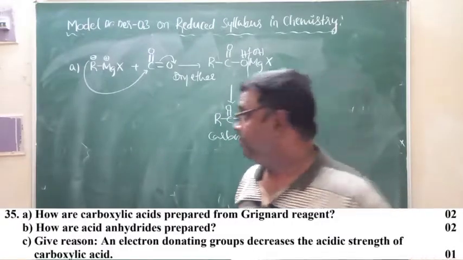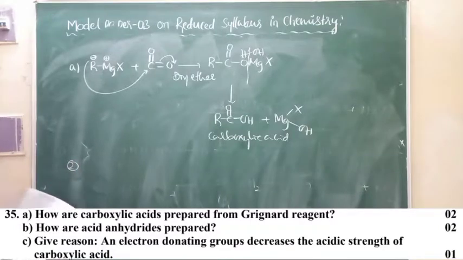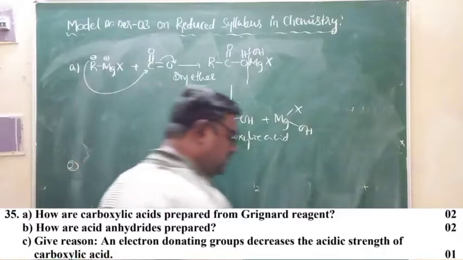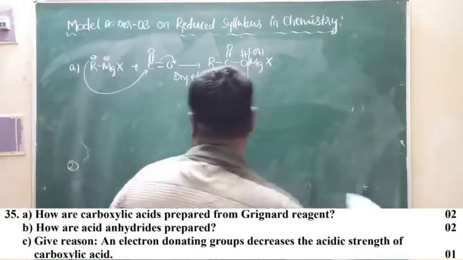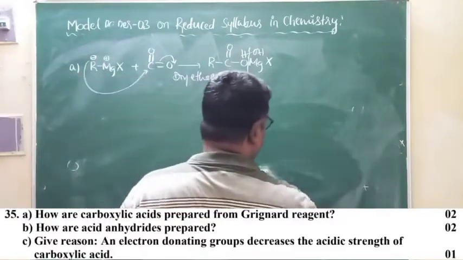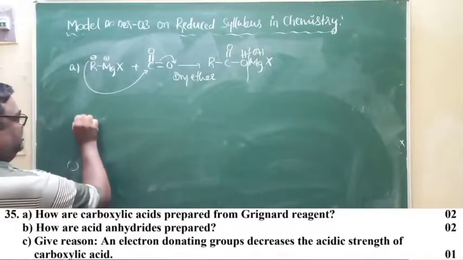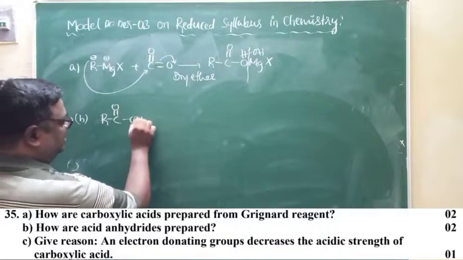Okay? Now come to B. That is, how are carboxylic acids converted into anhydrides, or how do you prepare anhydrides? Anhydrides are compounds of carboxylic acids obtained through dehydration. You know, this is carboxylic acid.